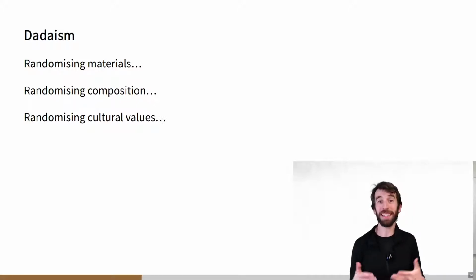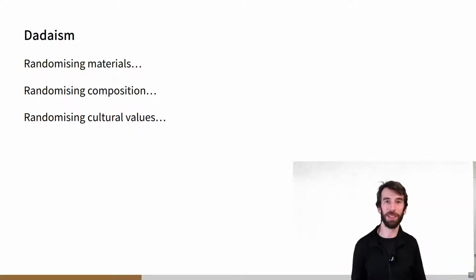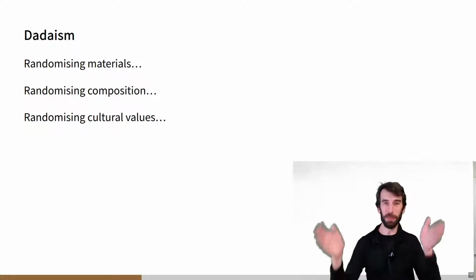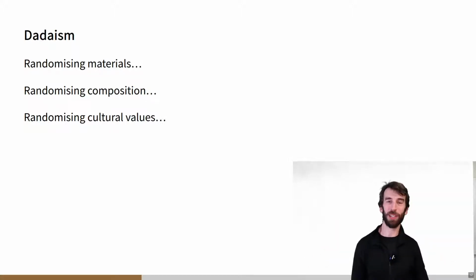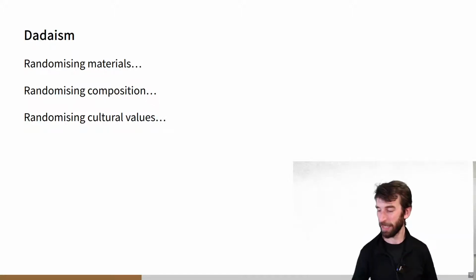What do we say is involved in making an artwork? Because however way you slice it, picking up a urinal and putting it on a pedestal does not have a lot of intention related to it. It has a lot of playfulness. It has maybe a lot of disdain for the way that society would view art creation, but it was certainly a randomization of that.